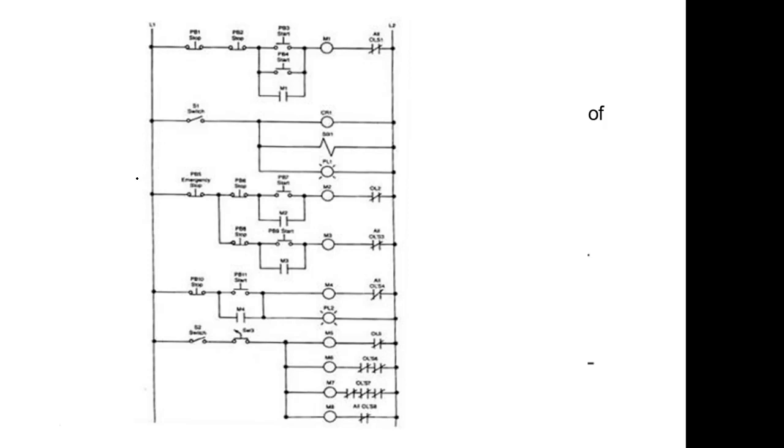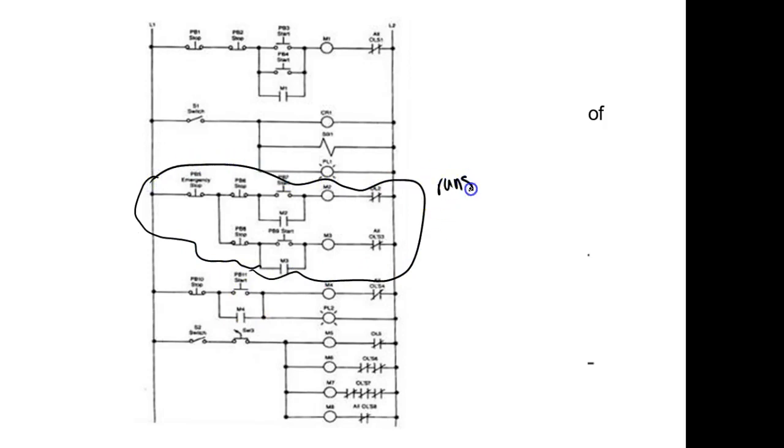And you see why we call it a ladder diagram, because it's similar to a what? A ladder. So each one of these circuits that runs from L1 to L2, here's a circuit right here, we refer to this as a rung.